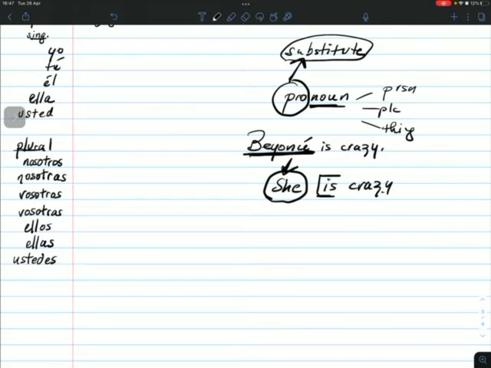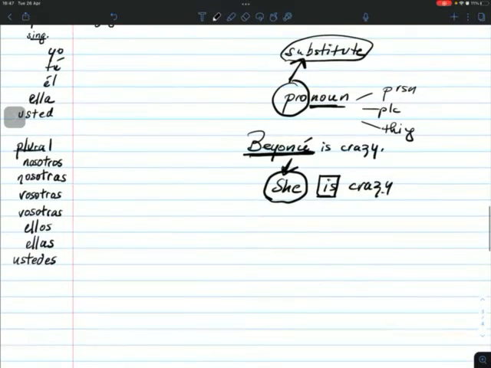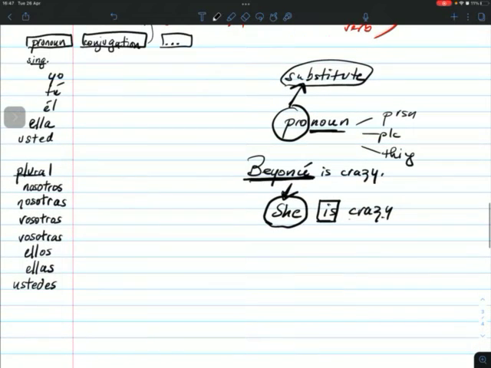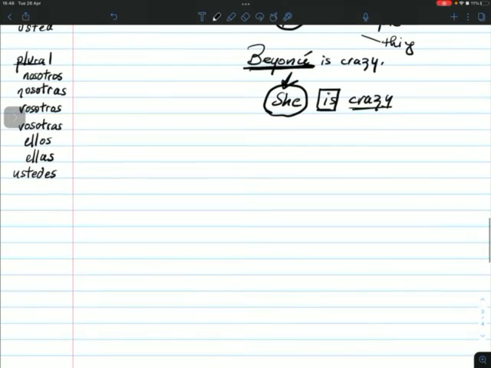Here you have your conjugated verb of, again, it's I am, right? Or to be, sorry, my bad. And here's your adjective, just the describing word. Last thing. In Spanish, it's the same thing. Beyonce es loca. Let's say that she's crazy all the time in her life, right?